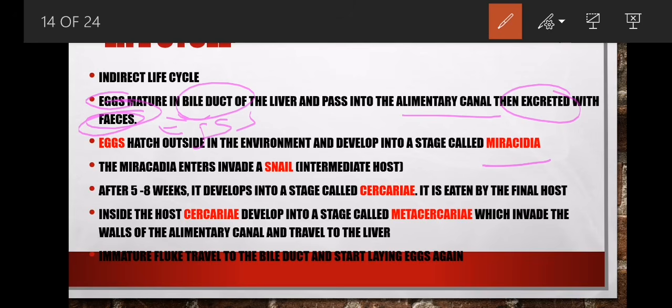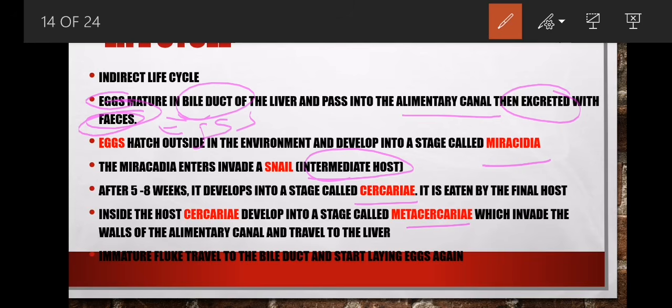What is a snail to us? It is the intermediate host. Then it will develop from miracidia and go to what? To a cercaria. Then the cercaria will develop and form what? The metacercaria. What will happen to the metacercaria? The metacercaria will be eaten by what?